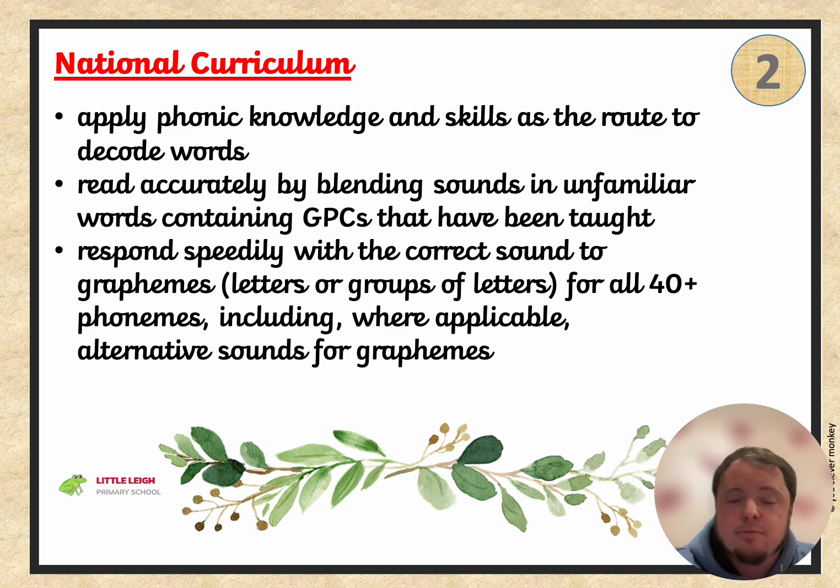So it goes back to what I was saying before about blending the sounds, blending the phonemes. So a child, when they see a word that they've never seen before, they're able to use their phonics skills by segmenting the word first into its individual phonemes, but then blend all those phonemes together to be able to read the word. So here it says GPCs.